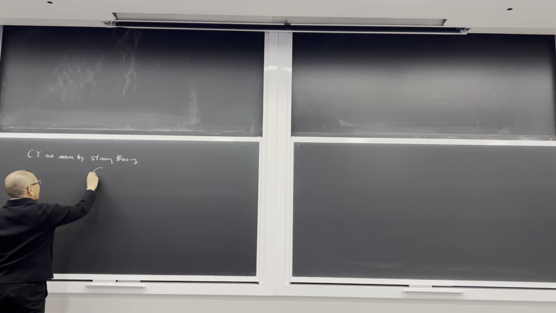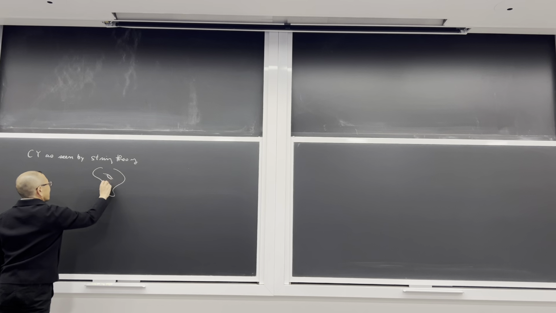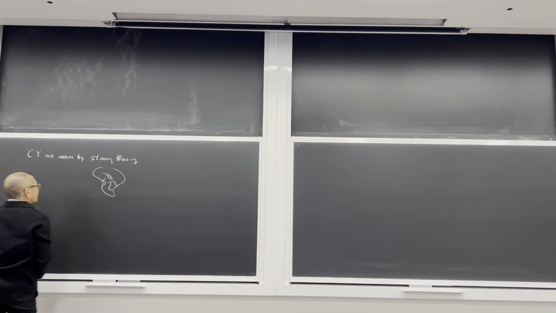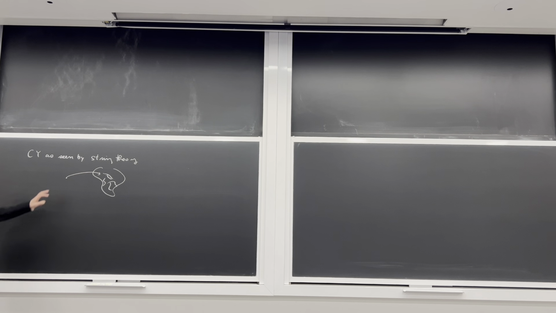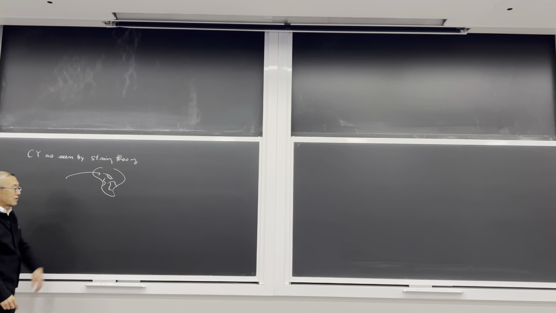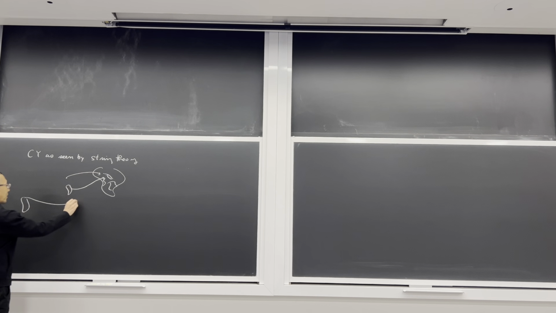So you have this complicated Calabi-Yau manifold with lots of geometric structure. And well, if you have a point particle, you map that to a point in the Calabi-Yau manifold, and then you study the geometry of this. If you have a string, you consider the string propagating on the Calabi-Yau manifold, and when the string propagates in space-time, it sweeps out 2 dimensions.